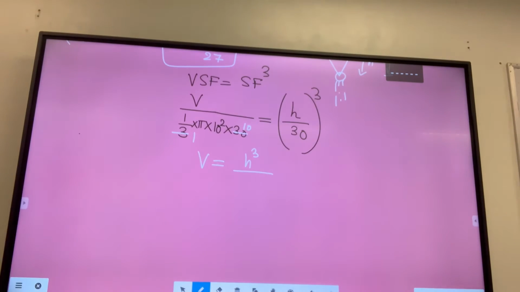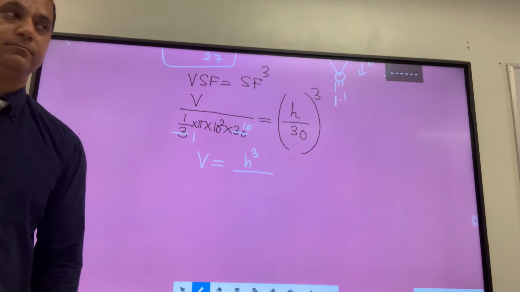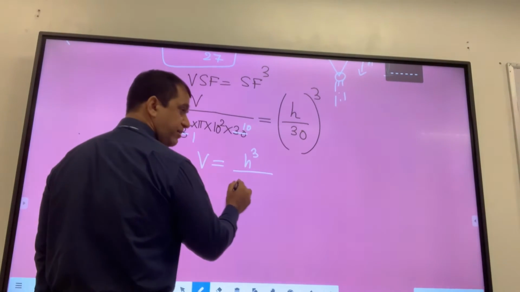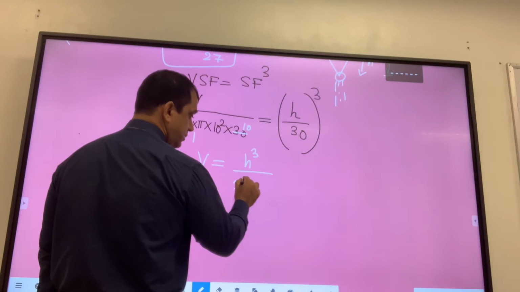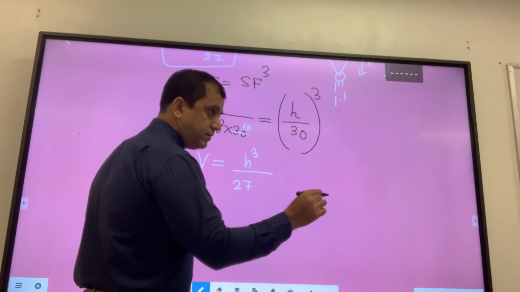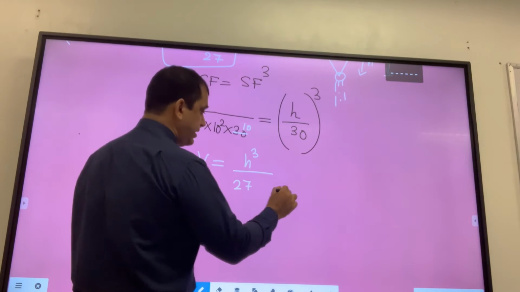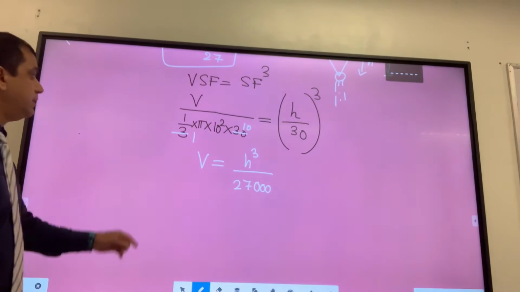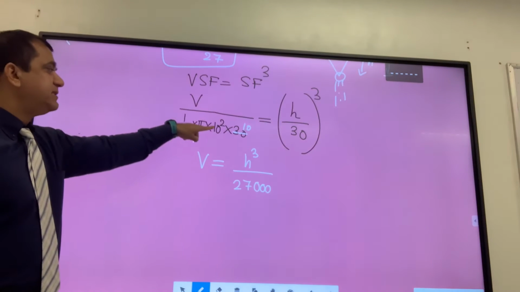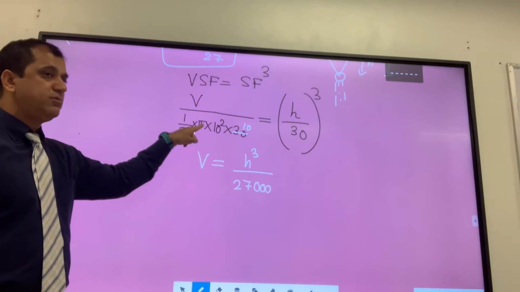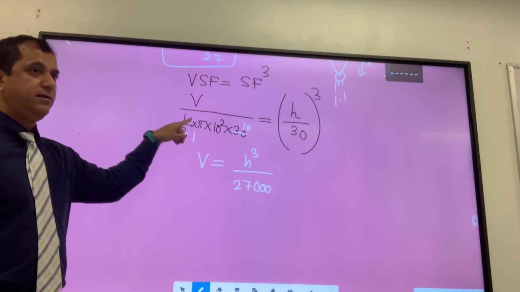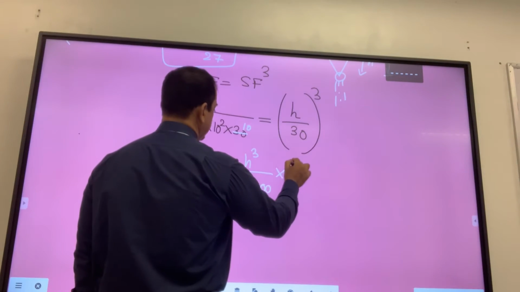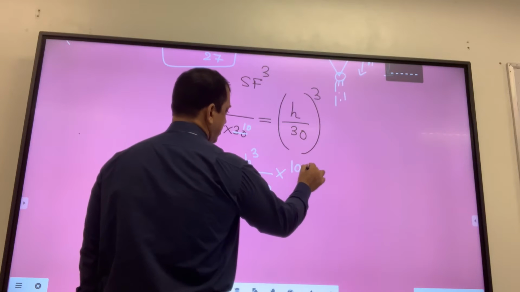What is 30 cube equal to? 30 cube is 27,000, right? Times this pi times 10 squared into 10. 10 squared into 10 is 1000 pi. It's going to go that side, multiply it. So this is 1000 pi.